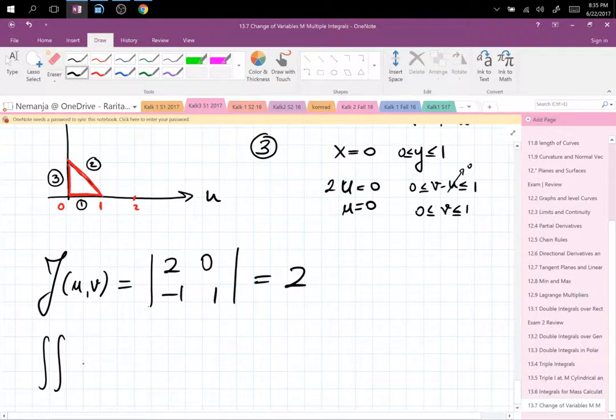We are going to transform our original problem. So the original problem was x squared, so that's 2u squared, times the square root of x, which was 2u, plus 2, and then y was v minus u.